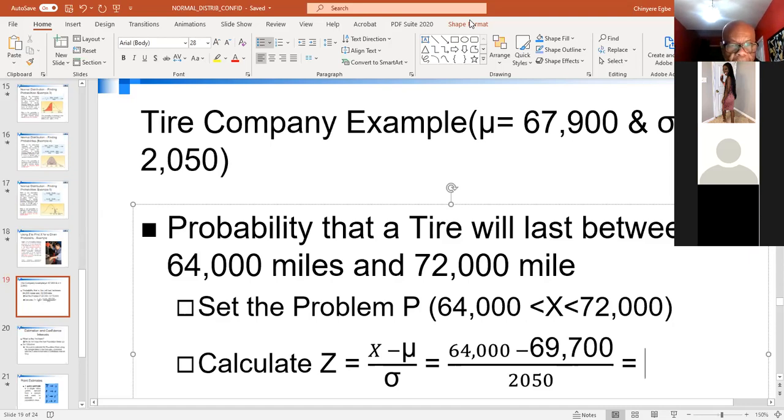What do you get? Wait, shouldn't you flip it the other way around? Because if you do that, you end up with a negative number. Yes, yes. And we will talk about that negative number.